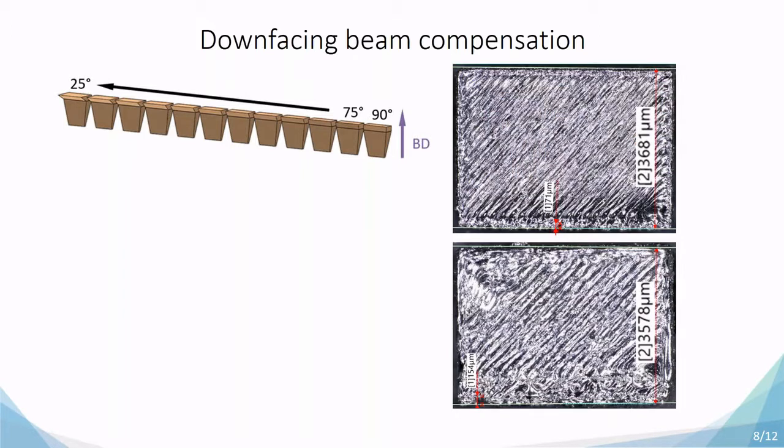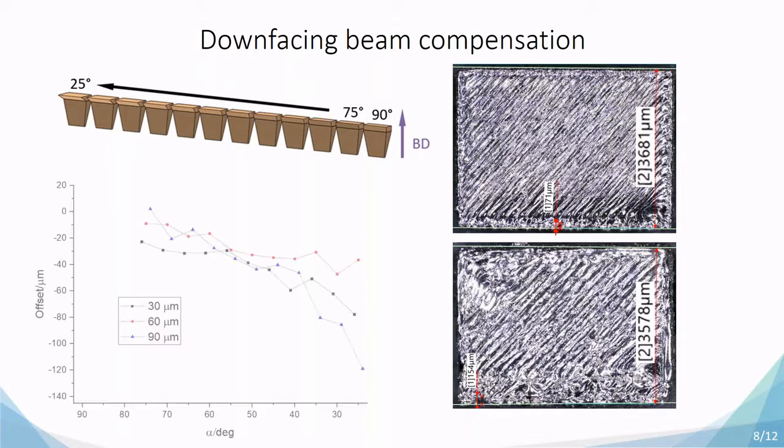These samples were produced, and the top surface was measured with an optical microscope. An automatic edge detection tool was used to completely eliminate the operator influence in the final results. And this is the scatter that we obtain.